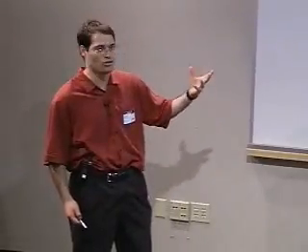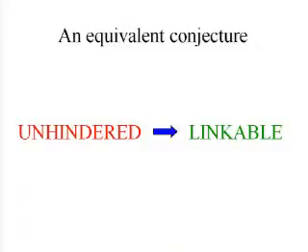Because now it's not an if and only if condition. It might be the case that there are hindrances and nevertheless there is a linkage. But the theorem, which is actually equivalent to the Erdős-Menger conjecture, is that if a wave is unhindered, then it is linkable.